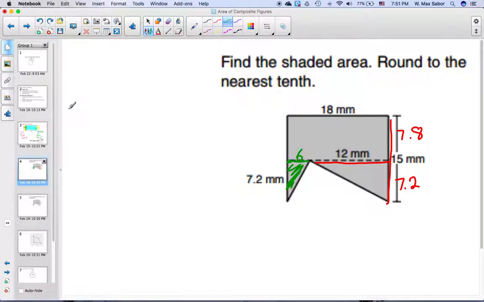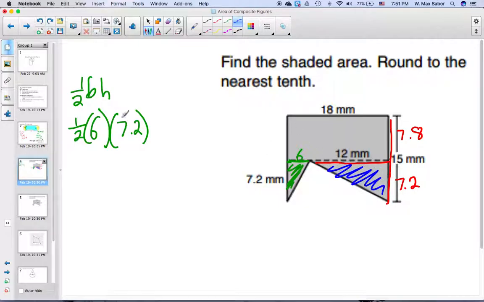So the triangle on the left is 1/2 base times height. The base is 6, and the height is 7.2. The triangle on the right is also 1/2 base times height. The height is 7.2, and the base is 12.